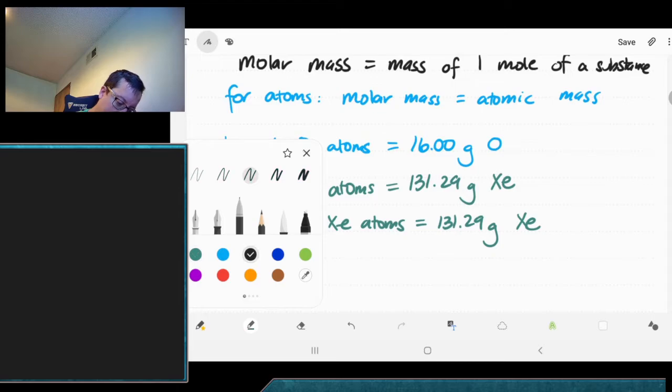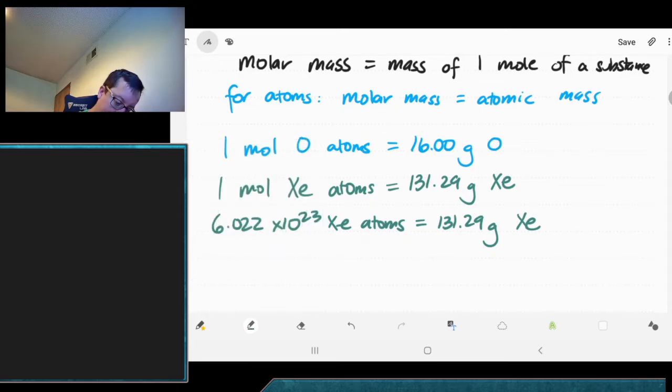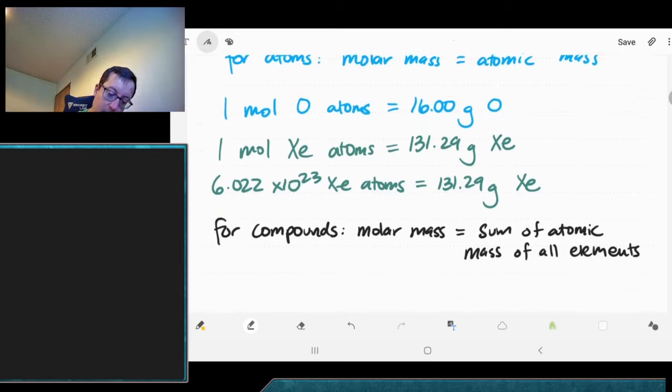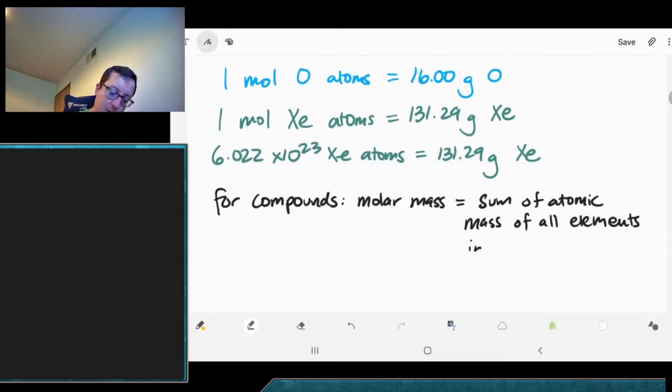For molecules, or compounds, we'll say, the molar mass is the sum, we're going to see it's the sum of the mass of all the elements in the compound.